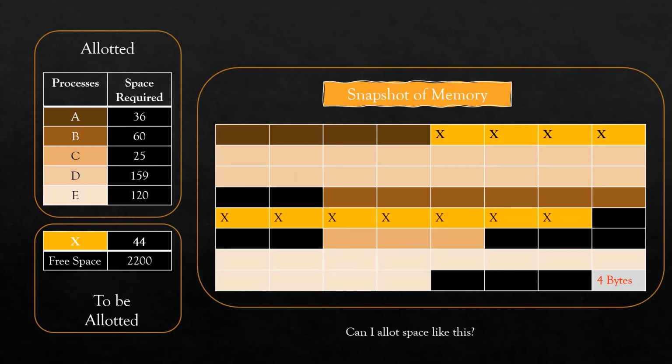When I try to allocate space for X, I find that I cannot find 11 contiguous blocks of space, but I have free blocks here and there. So is it possible for me to allocate 4 blocks of memory immediately after A where I find a free space and the remaining 7 blocks further down in the memory? Can I allocate space like this?